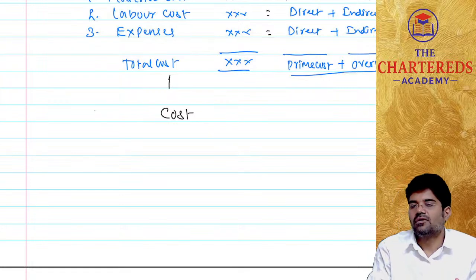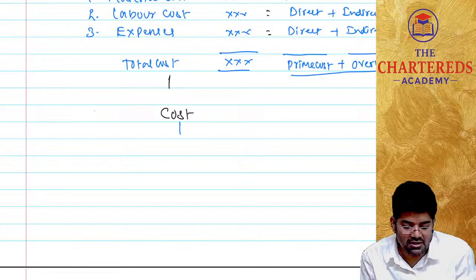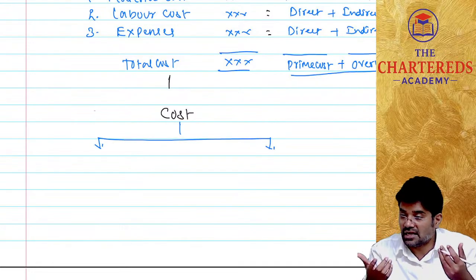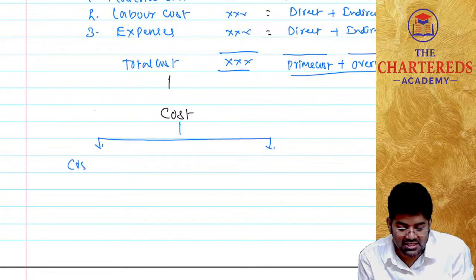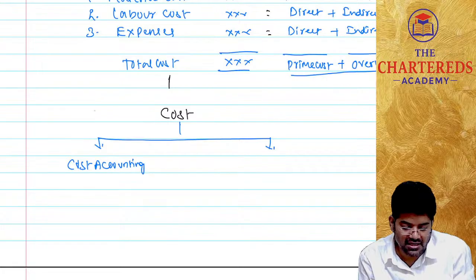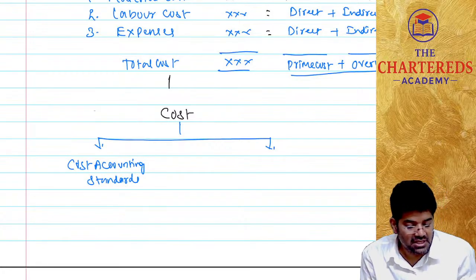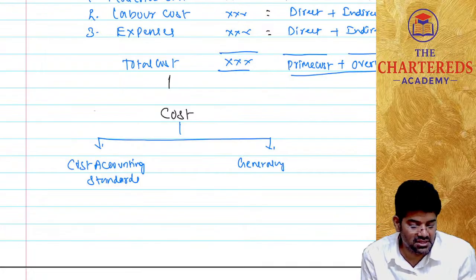When you calculate costs, what you need to mandatorily follow is cost accounting standards. Now, the other one is generally accepted cost accounting principles.